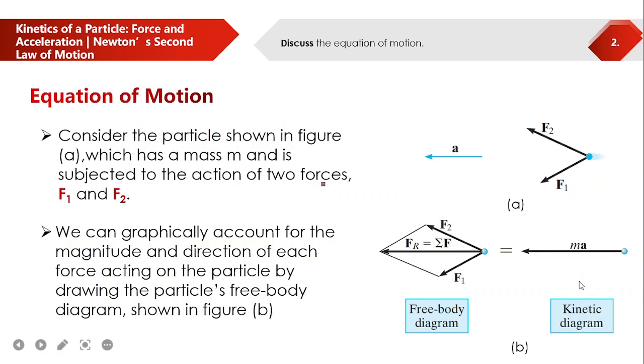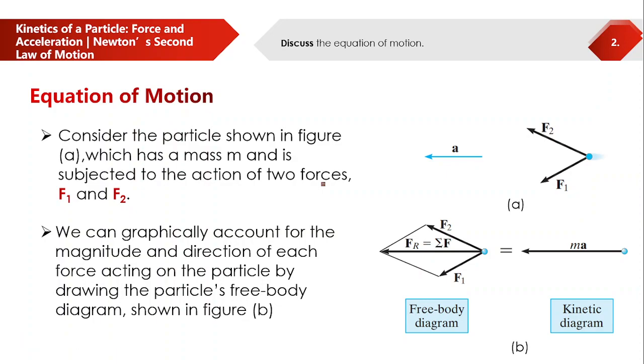Basically, the kinetic diagram is where your resultant force, or the direction, is shown. Where your particle will go, given the free body diagram. So basically, you just have to draw a line and then an arrow showing where it will go. So in the free body diagram of our particle here, you have your first force, second force, and to compute their resultant force, you specifically use the Pythagorean theorem, and then you can solve for your summation of all forces, which is how you solve for your resultant force.